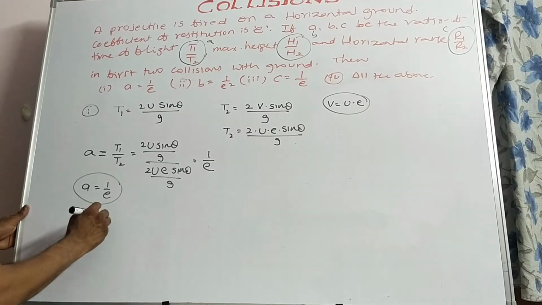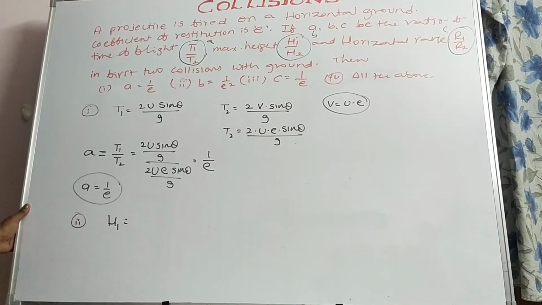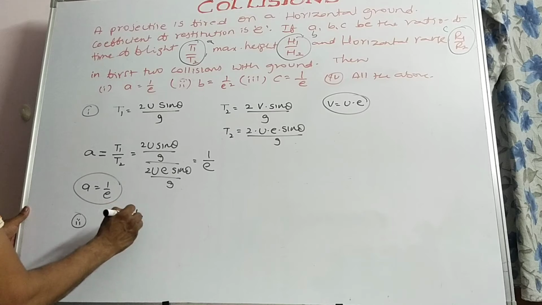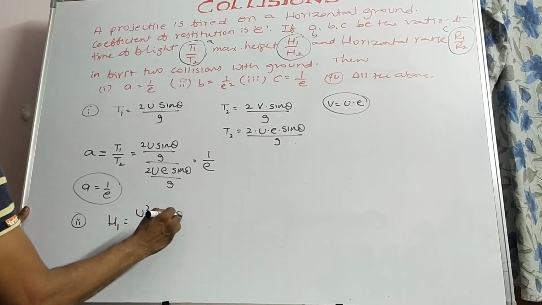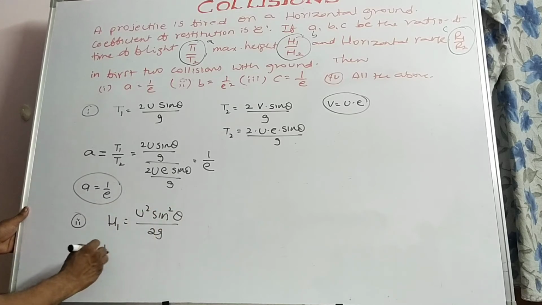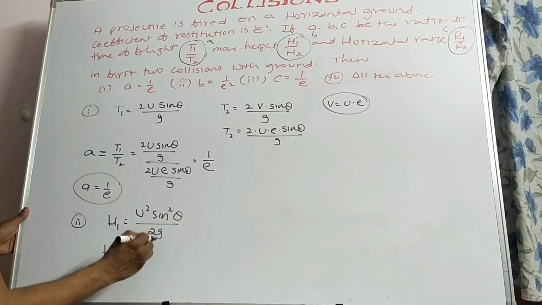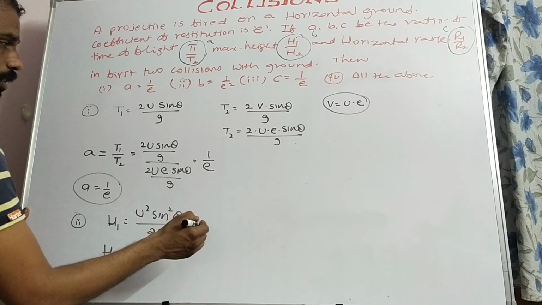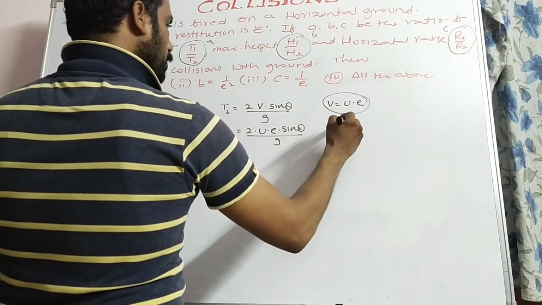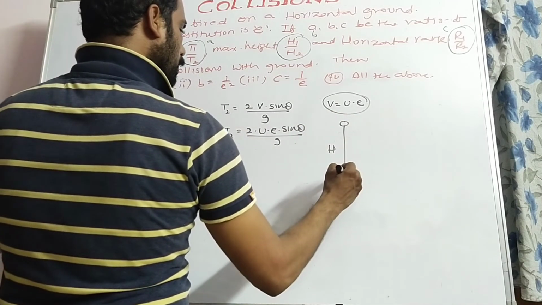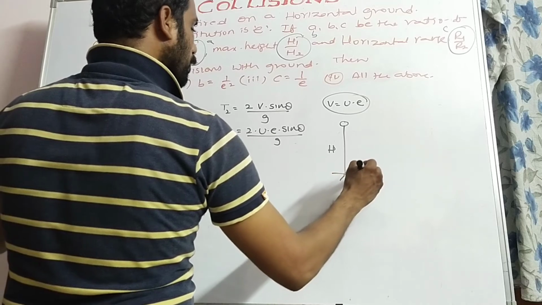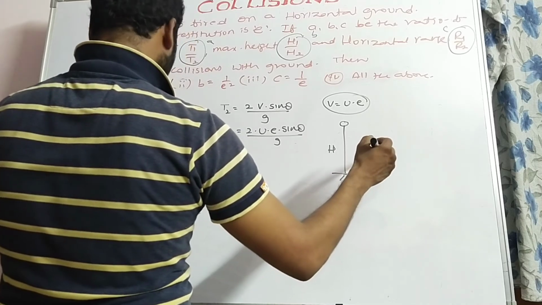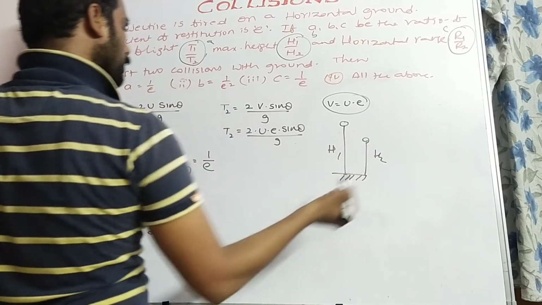Maximum height. So before touching the ground, H1 is equal to u square sin square theta by 2g. H2 is equal to V square sin square theta by 2g. After collision, it will be moving up, so initially this is H1, and after hitting the ground it will change, so that will be the height H2.